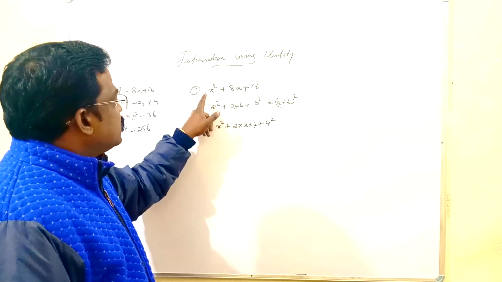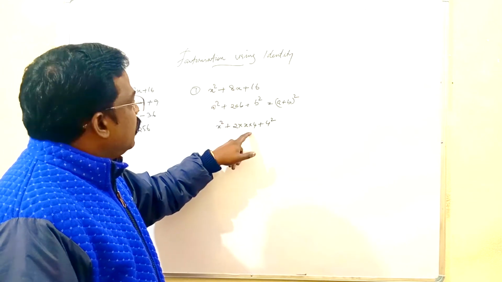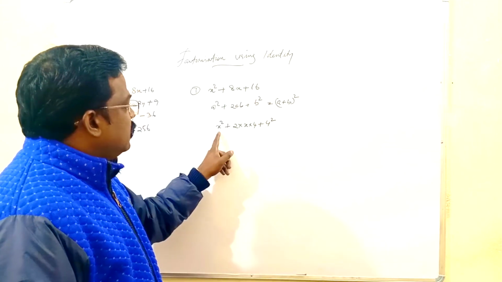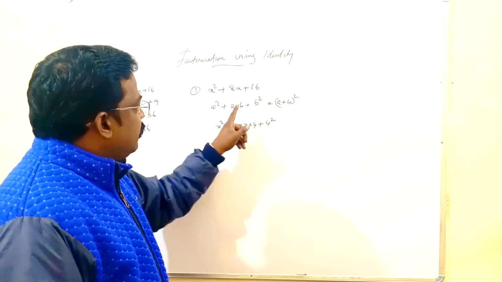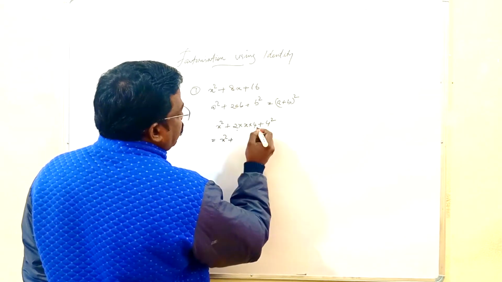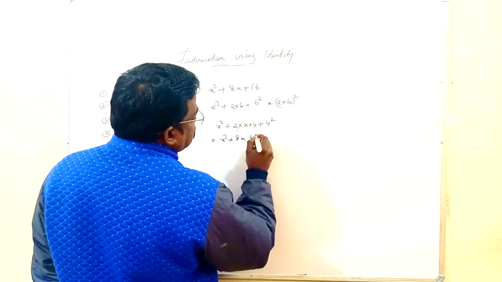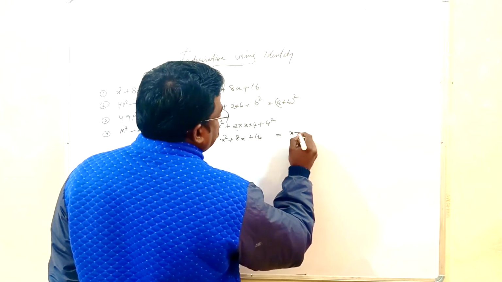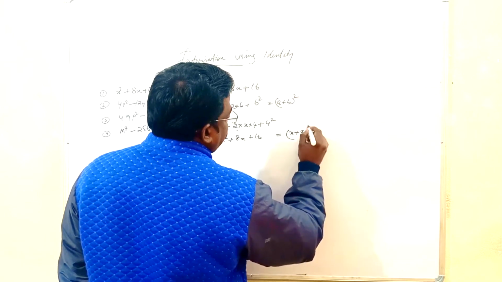Okay, 2 into first term is x, then b, it is 16 means 4's square, 4. Okay, so if we make it, we will get the same. Just to see, x square plus 2 into 4, 8x plus 16 we got. So that equals x plus 4 whole square.